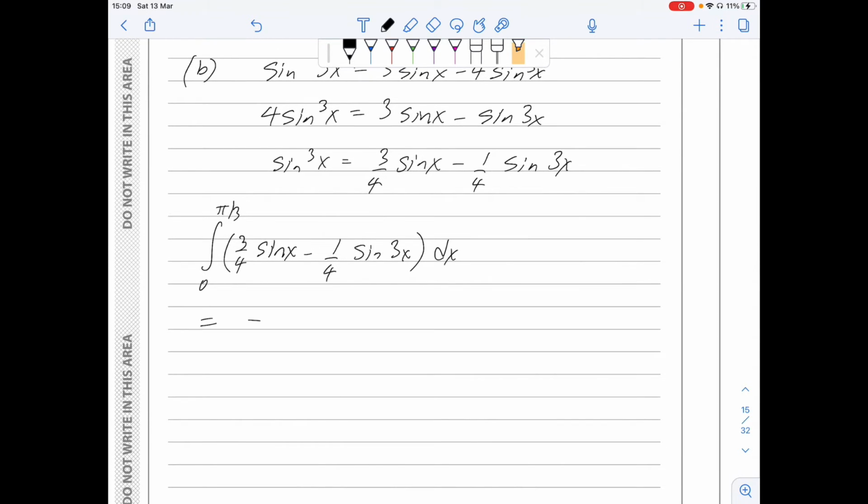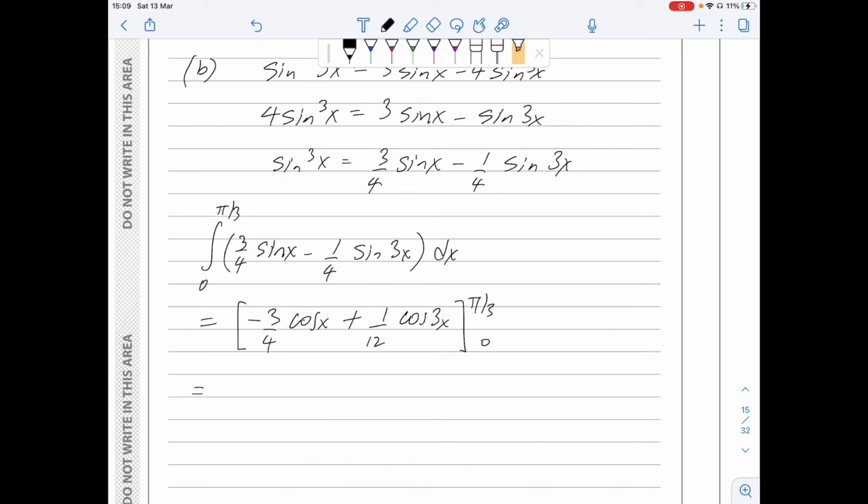This will give me minus 3 over 4 cos x, and then the sign will become minus cos. I have minus minus plus cos of 3x over 3, so I'll have 1 over 12 with my limits.